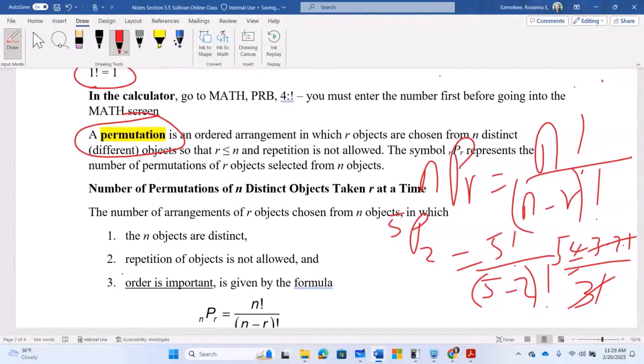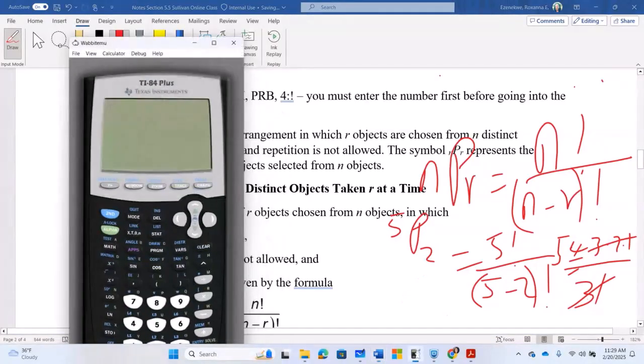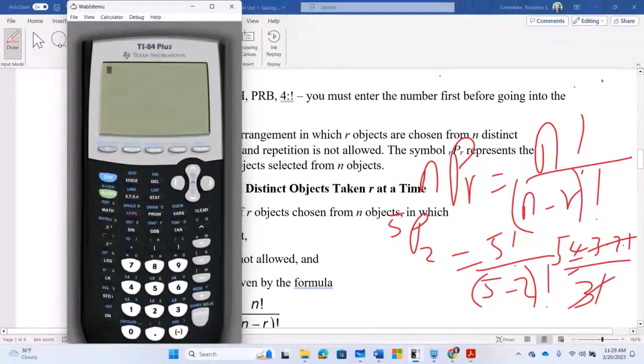Okay, so suppose I'm told to use my calculator to find 5 permutation 2. I can check with my calculator. Is 5 permutation 2 20? That's what I'm asking my calculator. So I will go to math, put in 5, go to math, arrow to PRB.